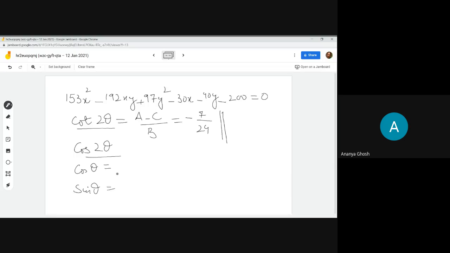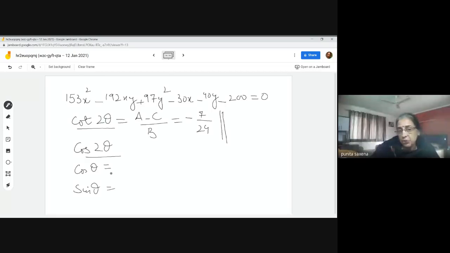मैम हम वो फॉर्मूला डायरेक्ट नहीं यूज कर सकते, cos theta equals √((1 plus cos 2 theta) upon 2)? By the question, obvious question could be कि why cos theta and sin theta both.